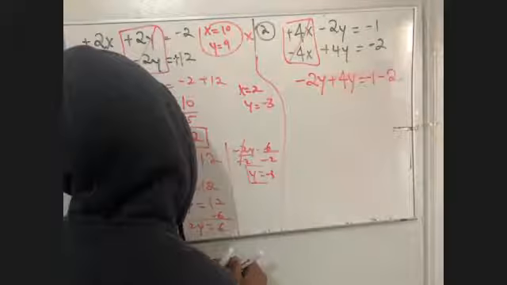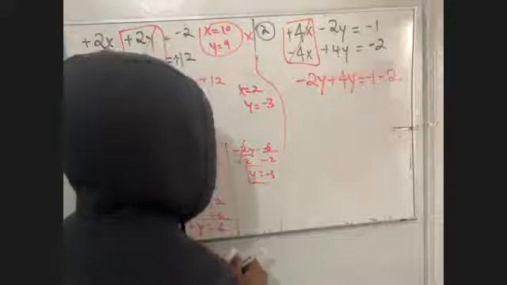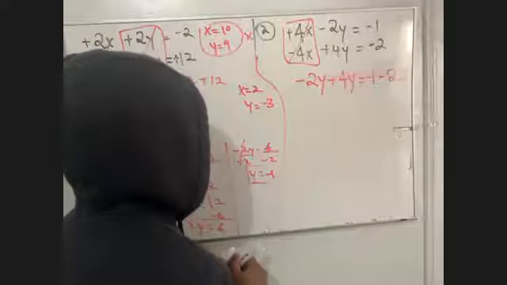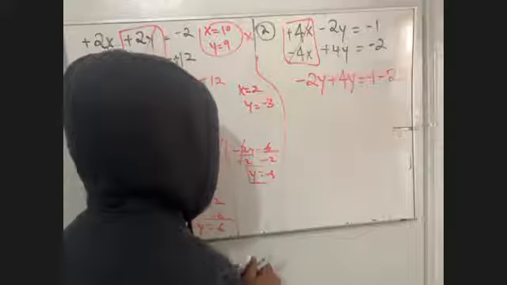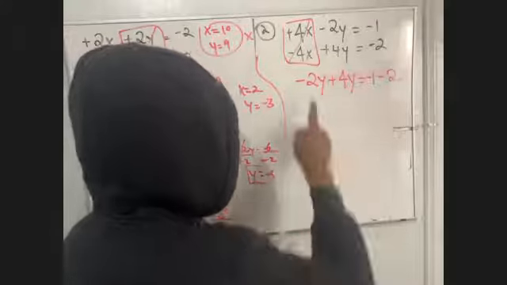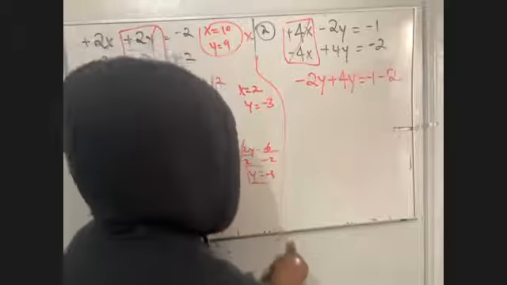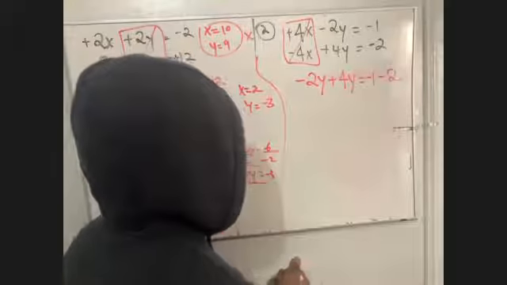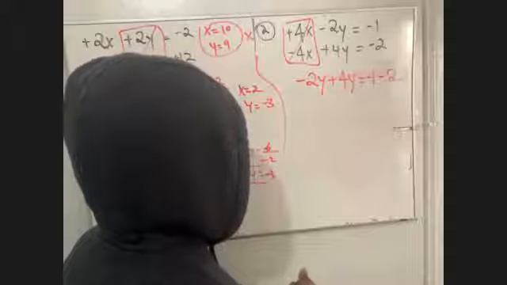All right, so combine the 2 y's, which is going to give you -6. Different sign, what do we do? We subtract. So try one more time. -2 plus 4 should give you +2.